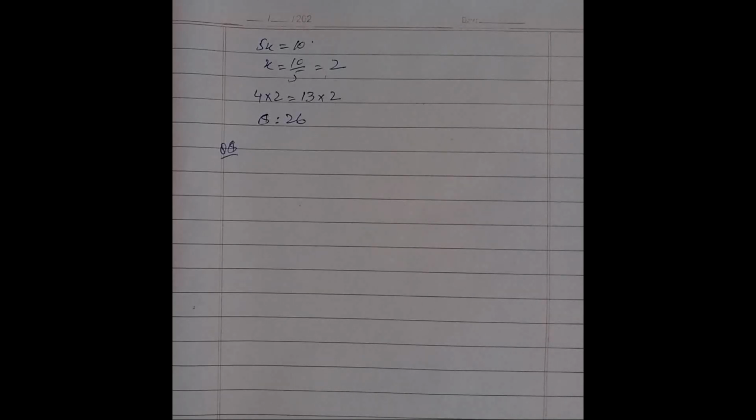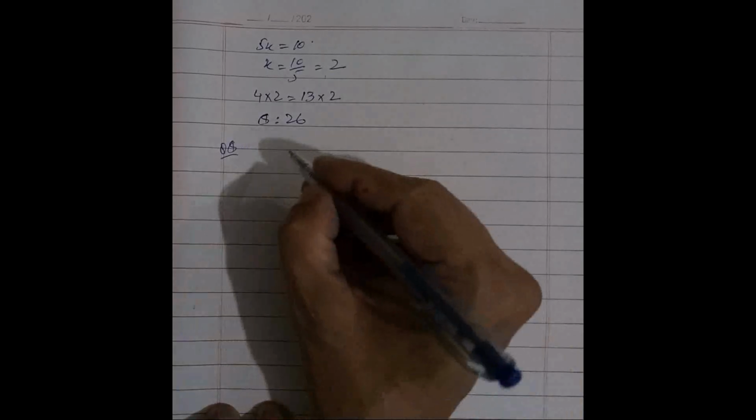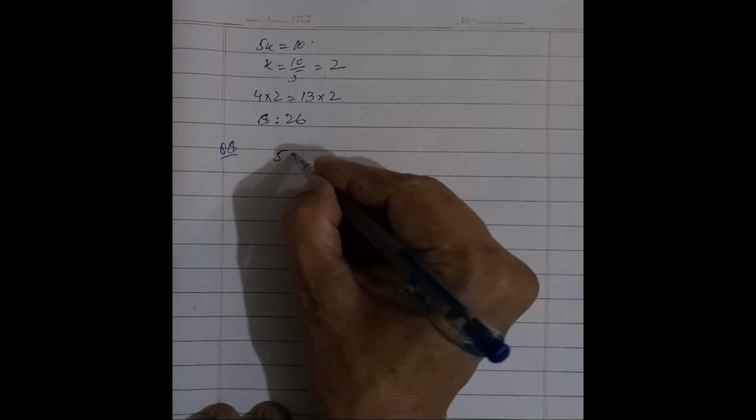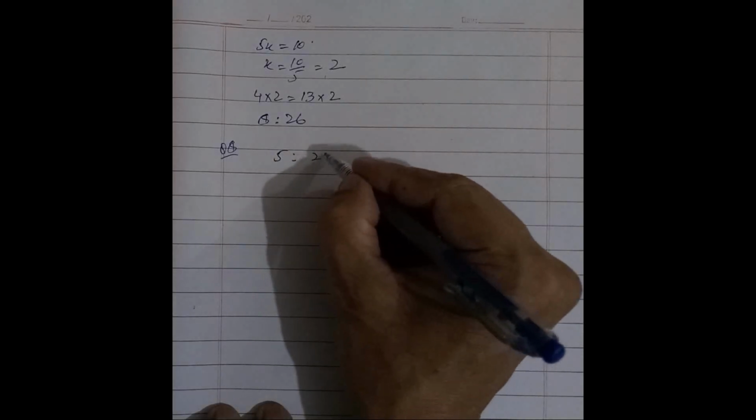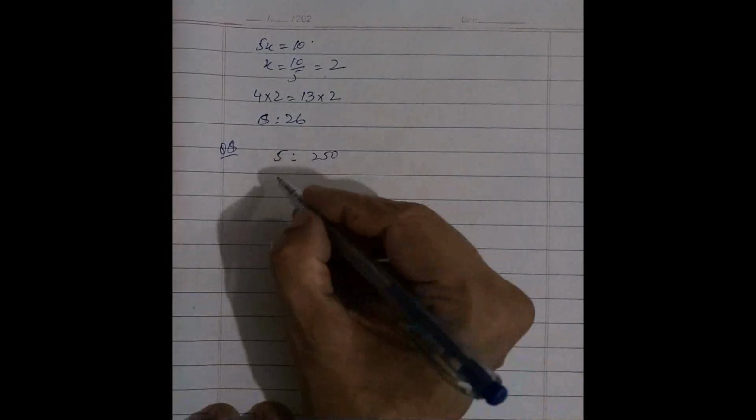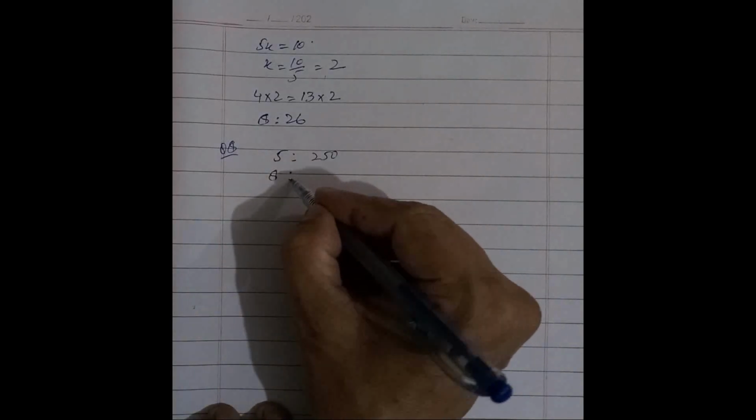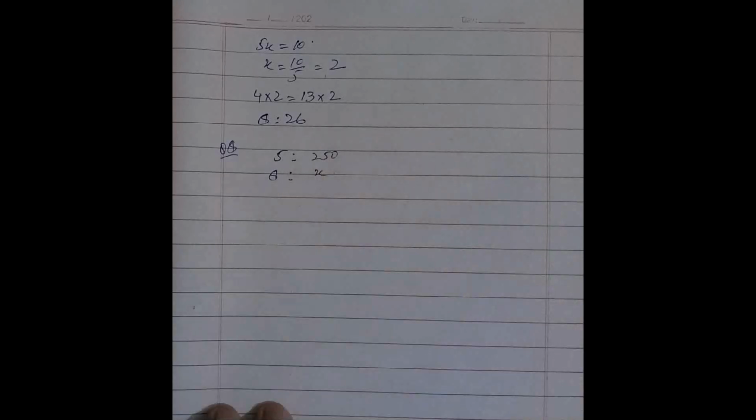So we solve them in ratio. This is a direct proportion. The 5 kg mango cost is 250, and next we find the 8 kg mango cost x.